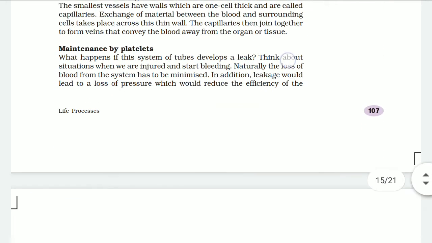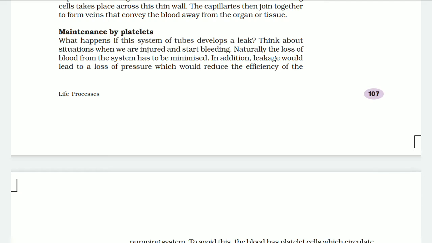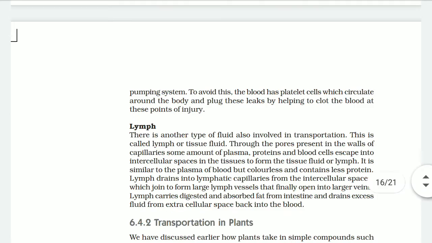Maintenance by platelets. What happens if these systems of tubes develop a leak? Think about this situation. When we are injured or start bleeding naturally, the loss of blood from the system has to be minimized. In addition, leakage would lead to a loss of pressure, which would reduce the efficiency of the pumping system.